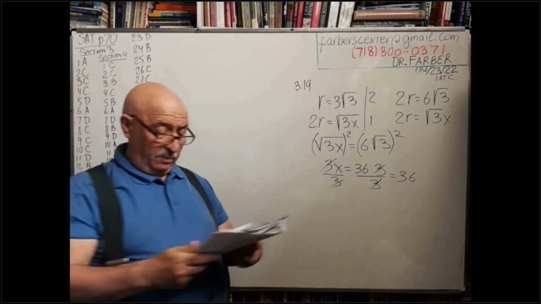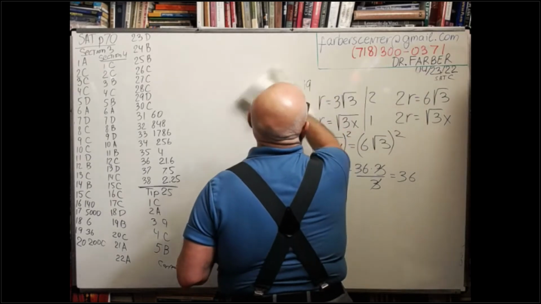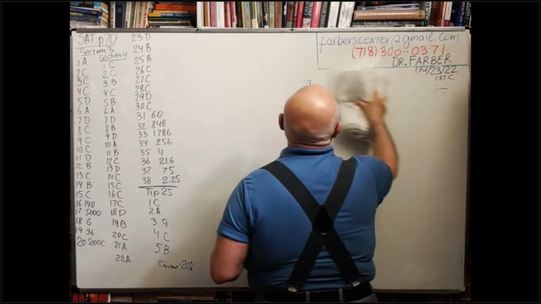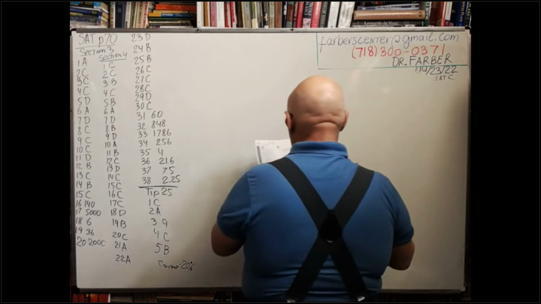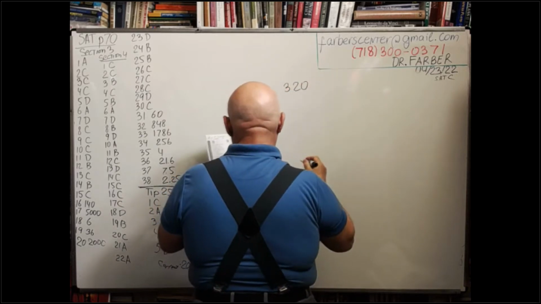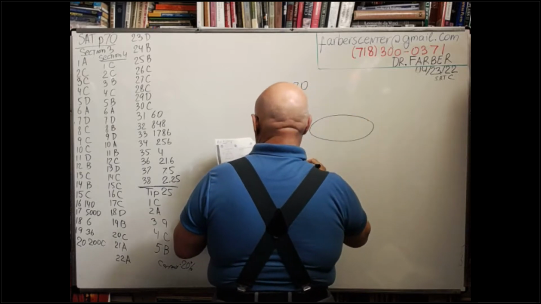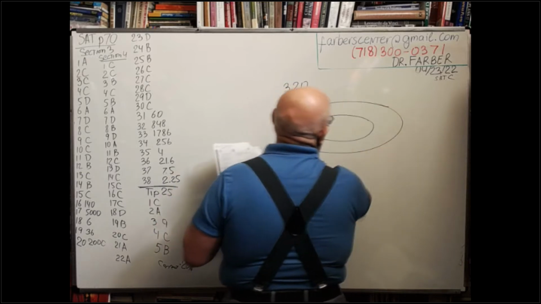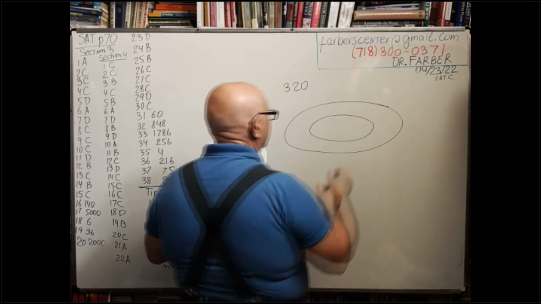In 320, oval and ellipse. What is it? E1, this is Earth.